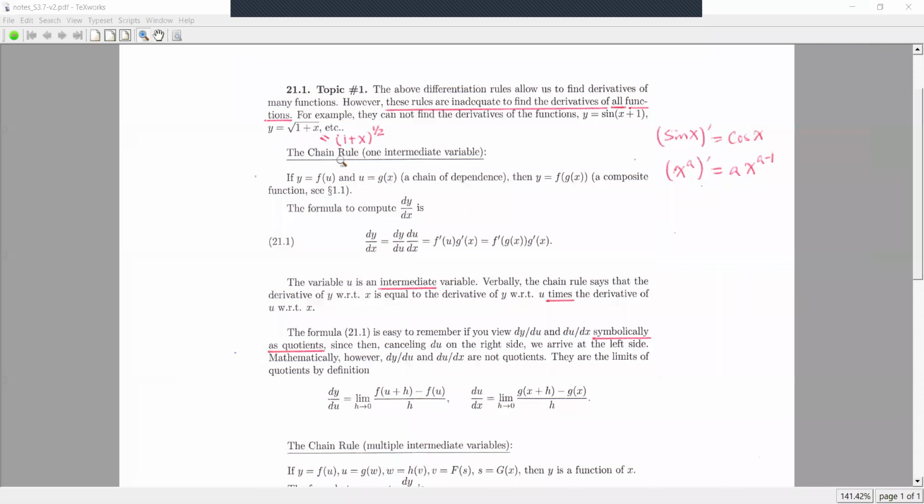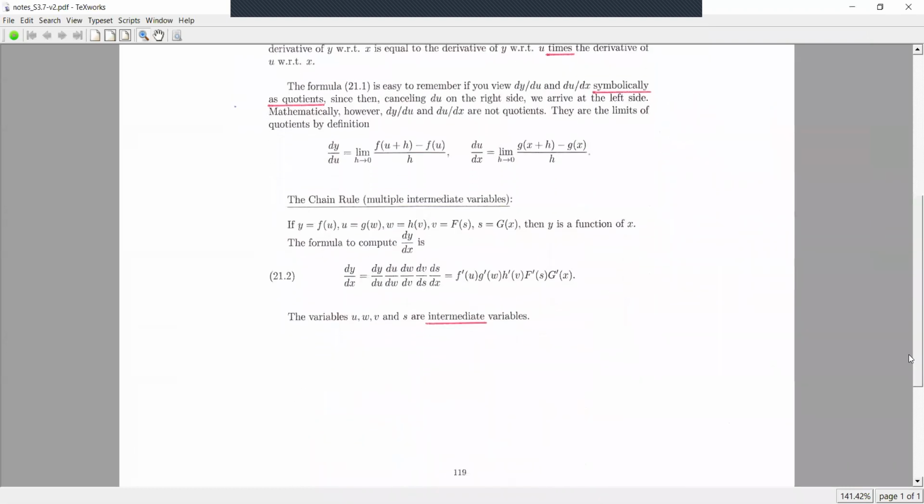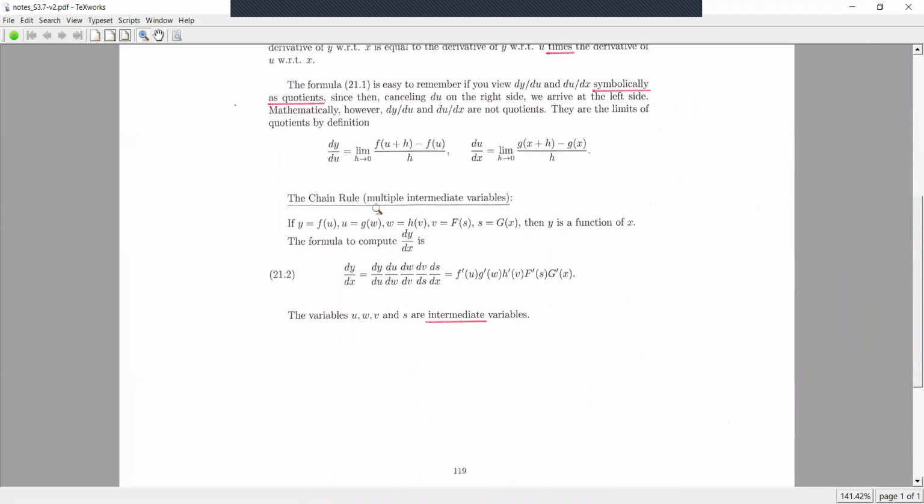Recall that the chain rule has two formulas. One is with only one intermediate variable. The formula is here. The second one is with multiple intermediate variables. Take a review about the formula with multiple intermediate variables.